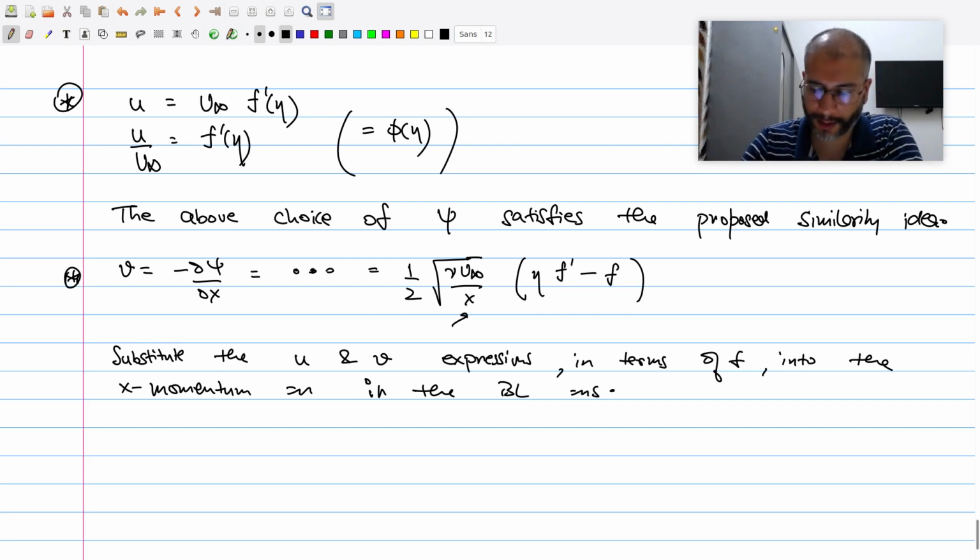So we are substituting that into the boundary layer equations, not the general Navier-Stokes equation. I strongly ask you to please do it yourself. When we do it, we get a very nice ODE.